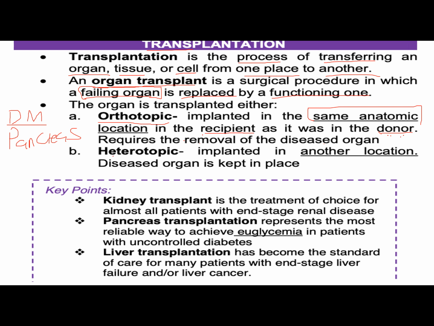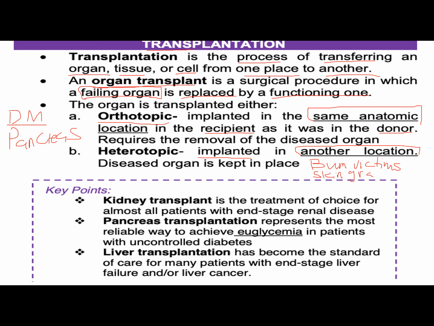Now, another type of transplantation is the so-called heterotopic, implanted in another location, class. An example of this is when we talk about burn victims. Now, if you were burned, class, and became a burn victim, one of the most common procedures done to heal your skin is what we call skin grafts.